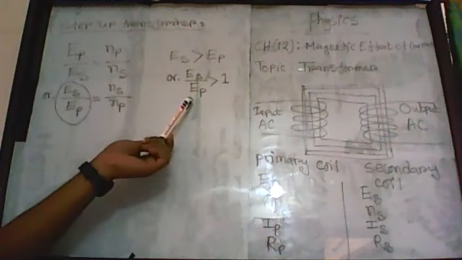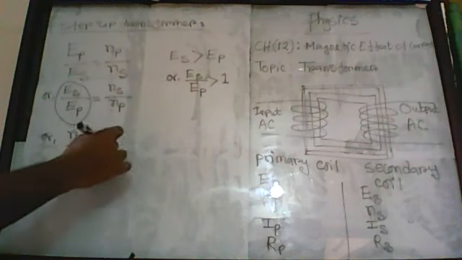Now, boys and girls, this part ES divided by EP, if this part is greater than 1 from my given condition, then obviously I can say that here NS divided by NP, this section also must be greater than 1.